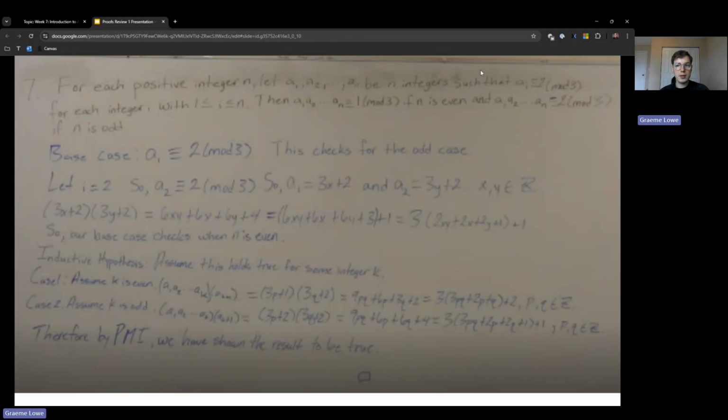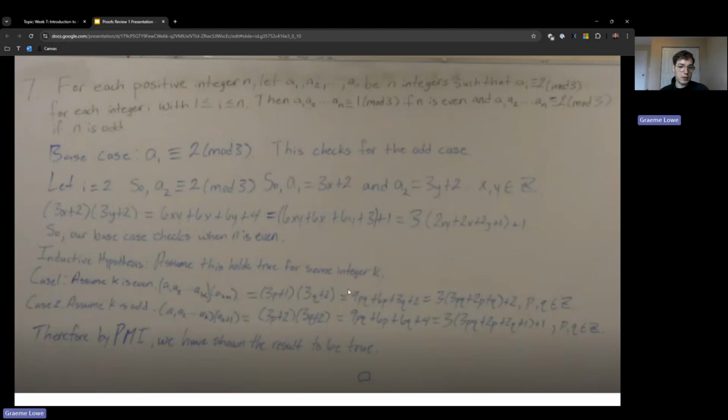So by the first sentence, a(k+1) for both of these cases is actually going to be equal to 2 mod 3, because we're saying that each of these itself is equal to 3q plus 2, or 2 mod 3, where q is some integer.